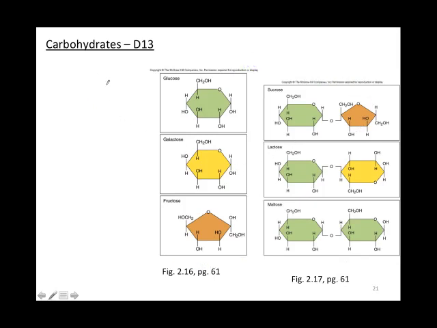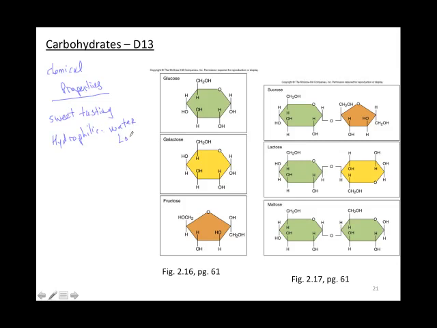Let's talk briefly about some of the chemical properties of carbohydrates. They're typically going to be very sweet tasting, because they are sugars and starches. They are what we call hydrophilic, which means water-loving in Greek.